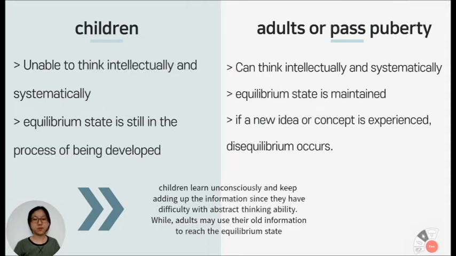Their equilibrium state is maintained, but if a new idea or concept is experienced, disequilibrium occurs. So we can say that children learn unconsciously and keep adding up the information since they have difficulty with abstract thinking ability. While on the other hand, adults may use their old information to reach the equilibrium state.